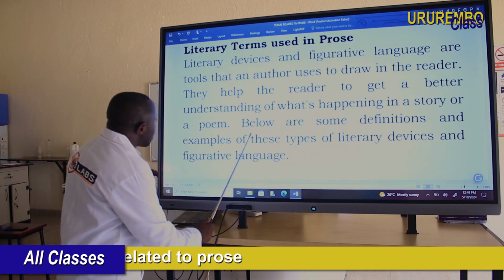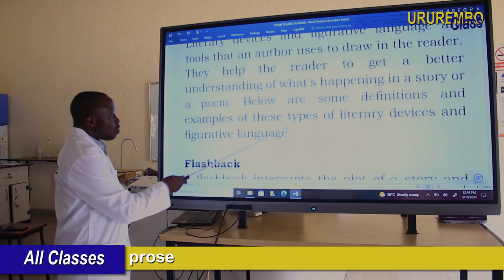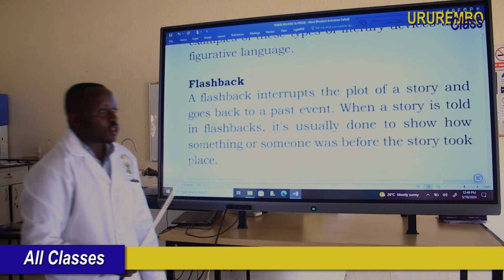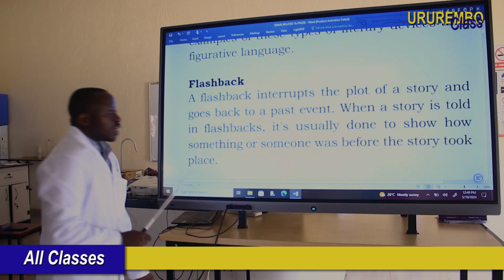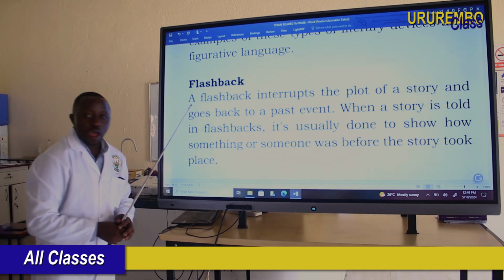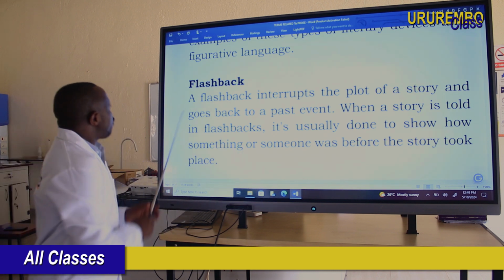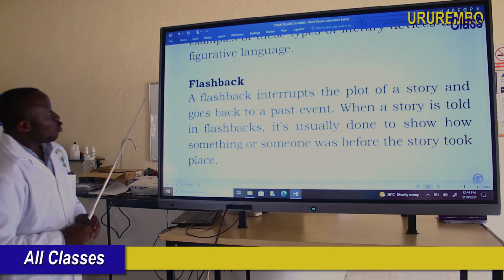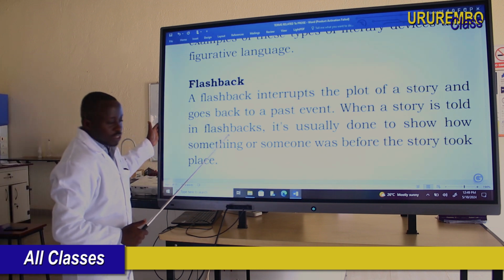Now, let's have definitions here below. Now, this is a literary term used in prose, which is called flashback. What is a flashback, dear student?